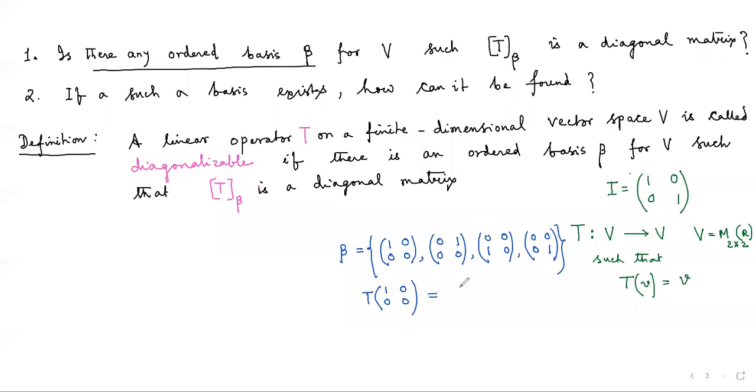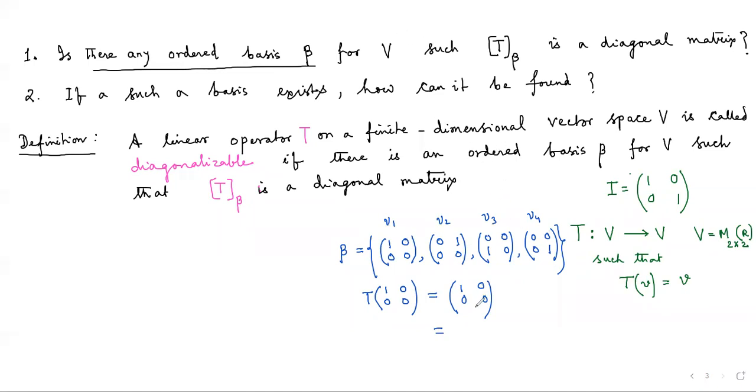That is T of this matrix. This is my say V1, this is my V2, this is my V3, this is my V4. So T of V1 will give you 1 0 0 0, which can be expressed as a linear combination of these basis elements.